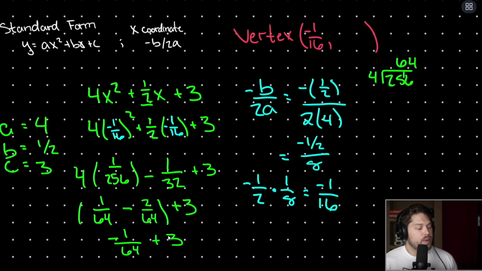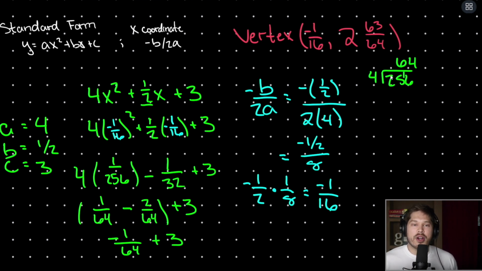And then this we can of course write as a mixed number. And this is going to be 2 and 63/64. So our vertex for this equation is negative 1/16 and 2 and 63/64.